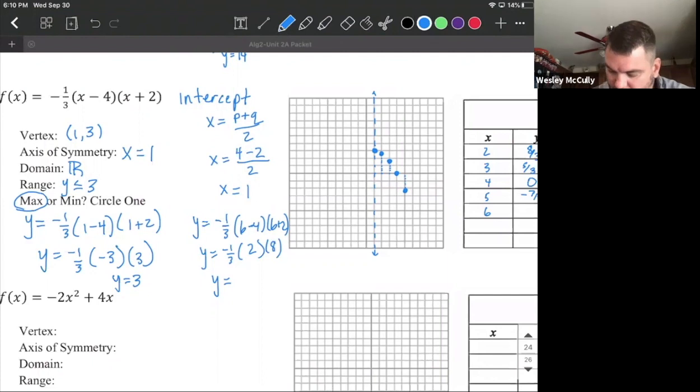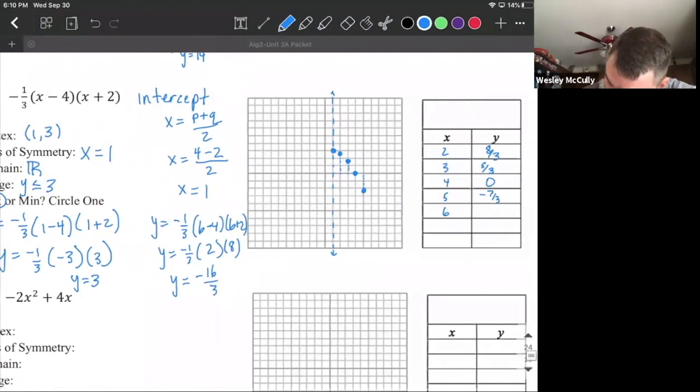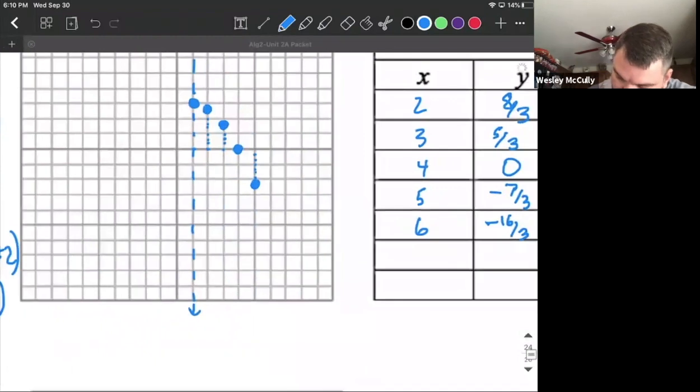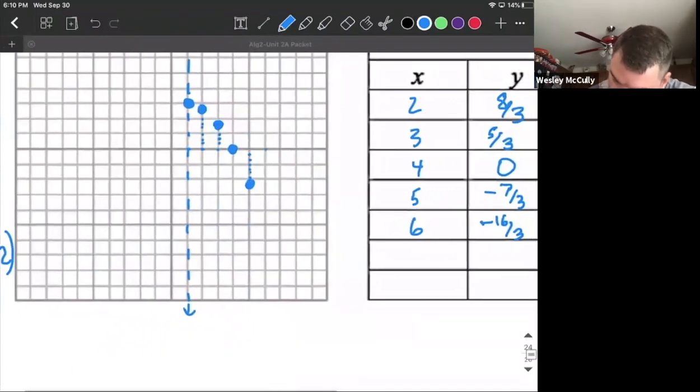That gives me 2 times 8 is 16, and 16 times -1/3 is -16/3. Okay, now to plot that point, I go over to 6, and then I go down 1, 2, 3, 4, 5, 6, 7, 8, 9, 10, 11, 12, 13, 14, 15, 16.